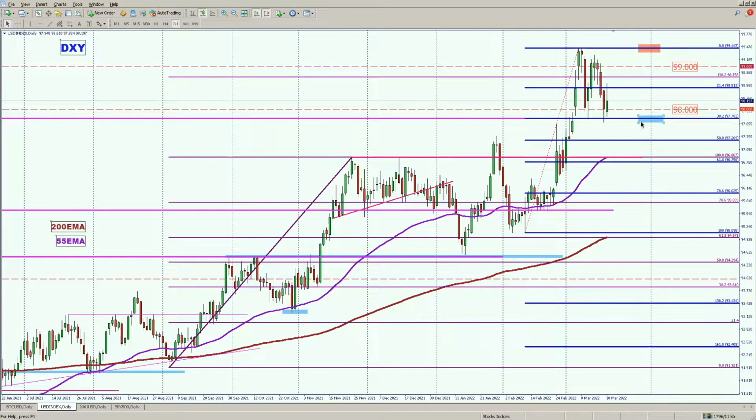Let's also identify another support zone at the 50 fib retracement. It could also dip down to that level because there's a turning point here with the evening doji star, right at the 50 fib.